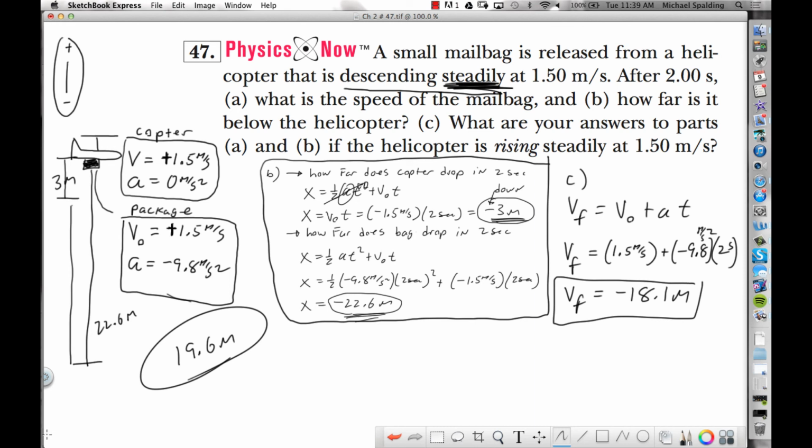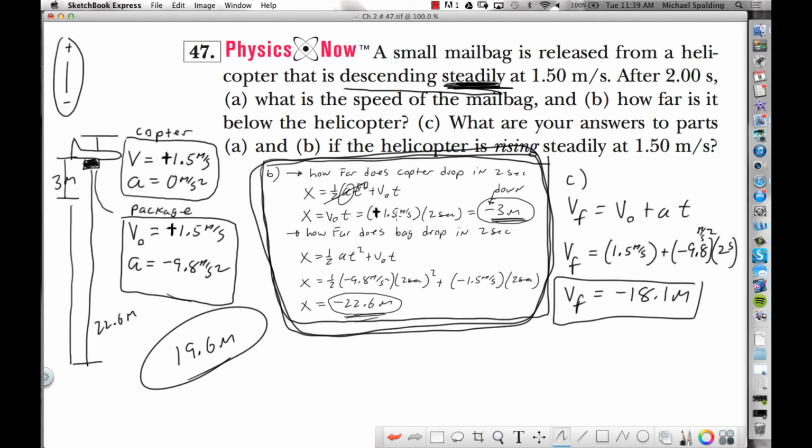And then to refigure out how far apart they are, if the velocity were initially up, all you've got to do is go back to these calculations here and just do what? Make the initial velocities positive. Just change that to positive 1.5.